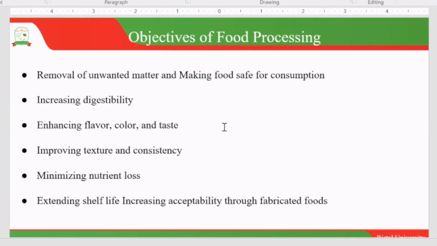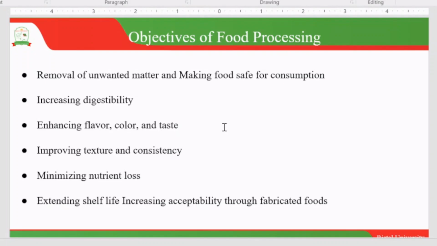But also, we're looking at improving the texture and the consistency of the foods. These all come in handy when you're dealing with different foods, for example, when feeding people such as invalids, the texture of a weaning food, etc. You could understand that those are partly the objectives of food processing.